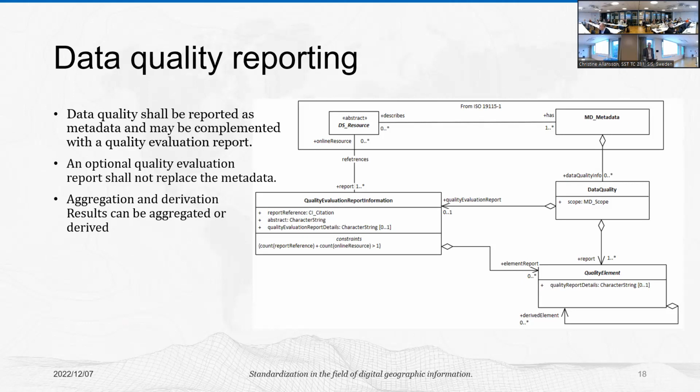And then you have an optional quality evaluation report, describing how you have done this evaluation. And then aggregation, derivation: results can be aggregated and derived. And it's important to maybe write how you have done it in an optional quality evaluation report.